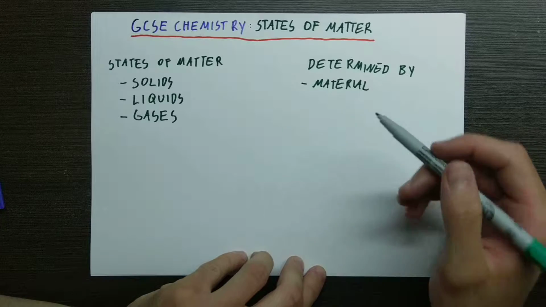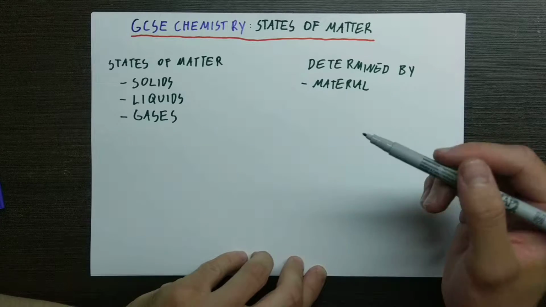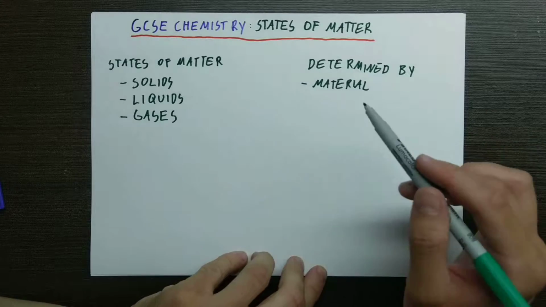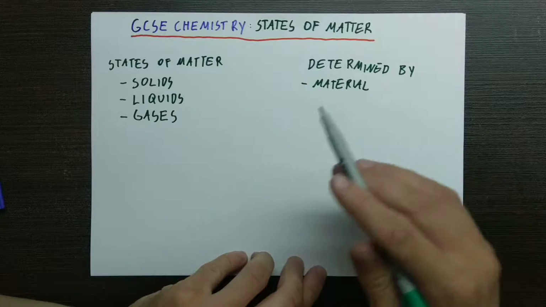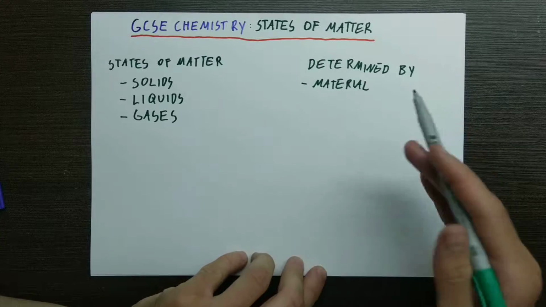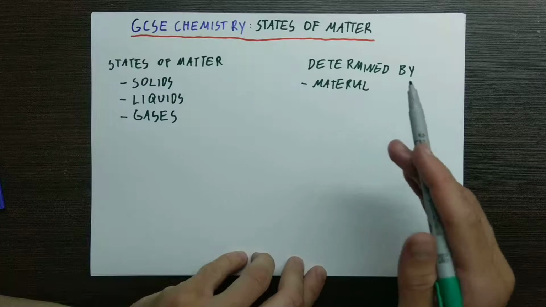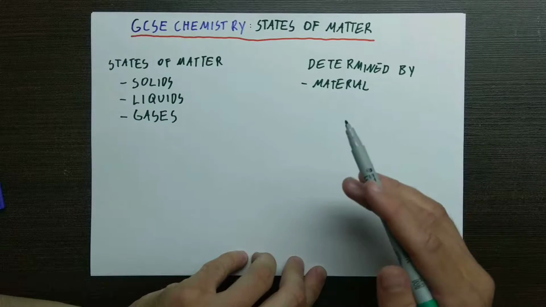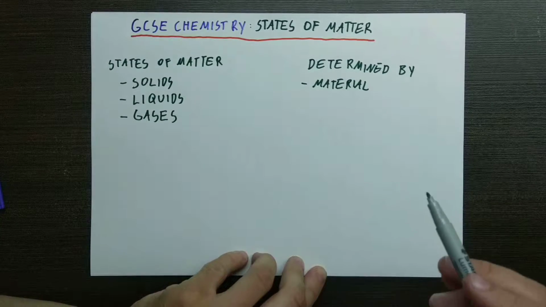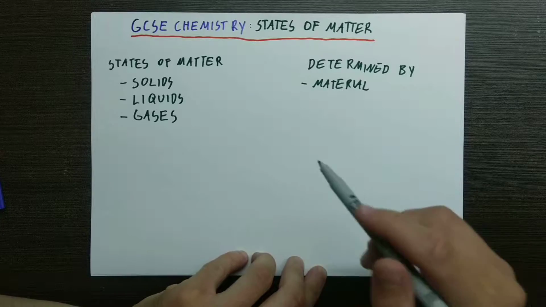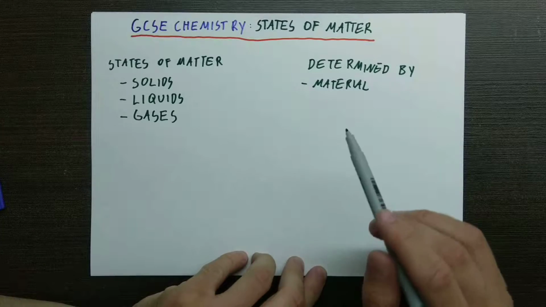They have different interactions between each other. So different molecules will have different thresholds at which they switch these states of matter, different melting points, different boiling points. And the way they switch these states of matter will be different.